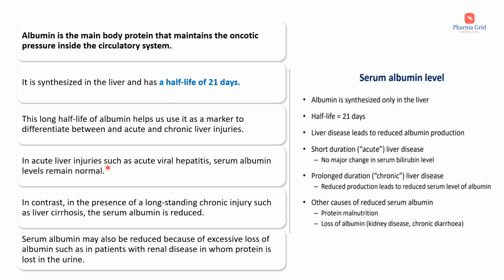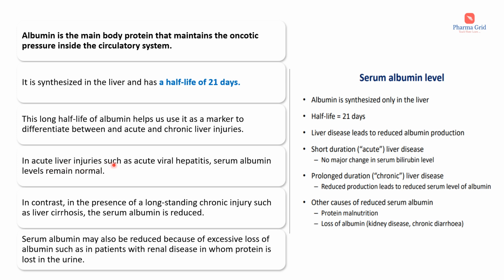In acute liver injuries such as acute viral hepatitis, serum albumin levels remain normal. In contrast, in the presence of a long-standing chronic injury such as liver cirrhosis, the serum albumin is reduced. So note the point that serum albumin levels help to differentiate between acute and chronic liver injuries.